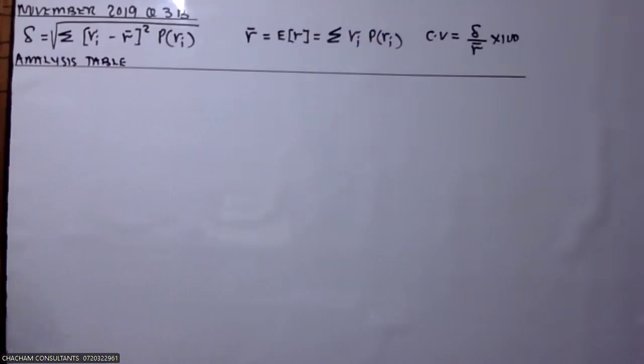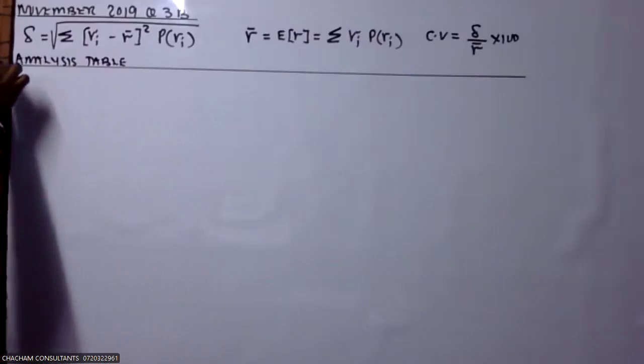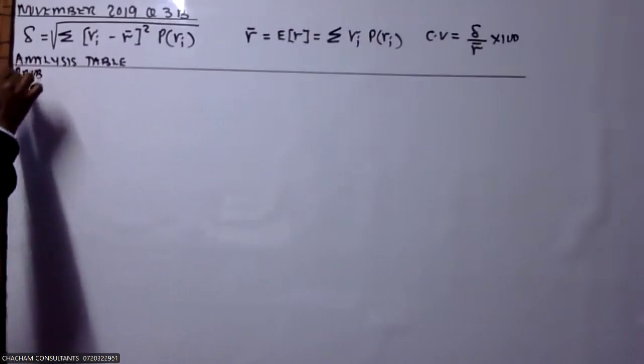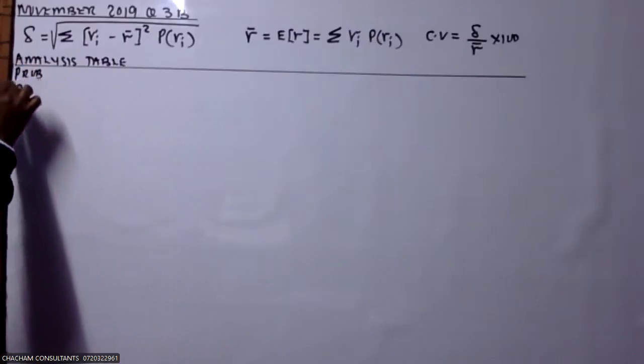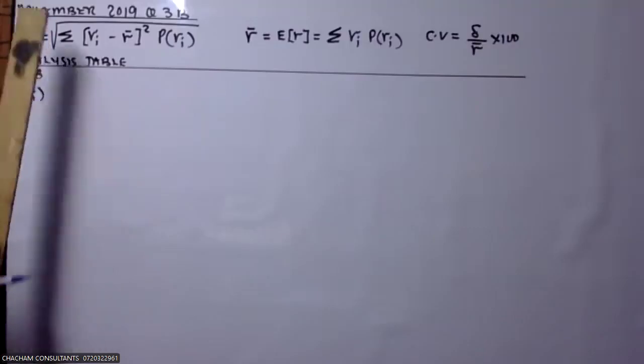In the analysis table, we will have the probability here. This is the one we are calling PRI. We will have the probability here.